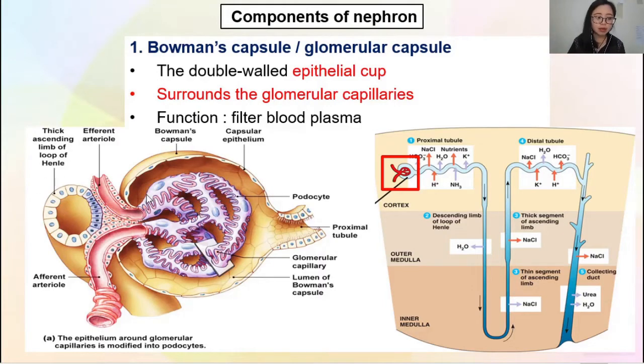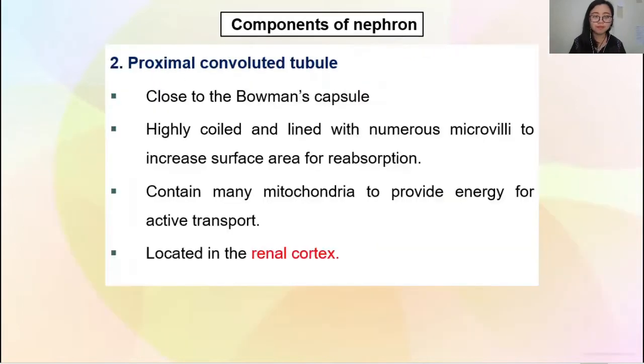Glomerular capillaries adalah benda ni yang bulat di dalam ni, the blood vessel. Bowman capsule adalah epithelial cells yang melindungi dia, mengelilingi dia, membungkus dia. And the function of the Bowman's capsule is to filter the blood plasma.